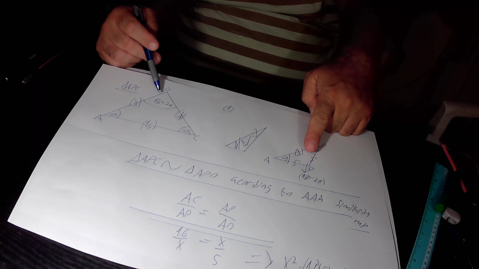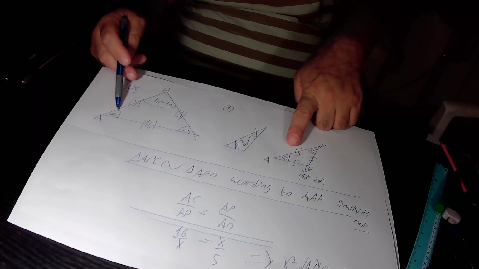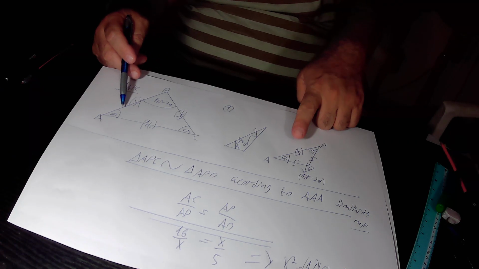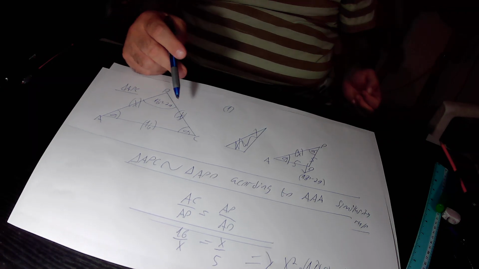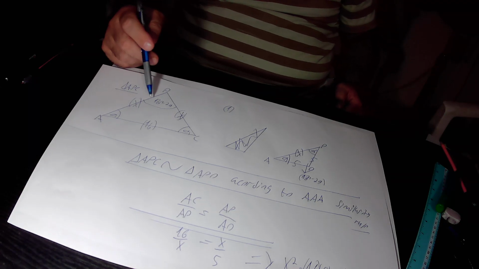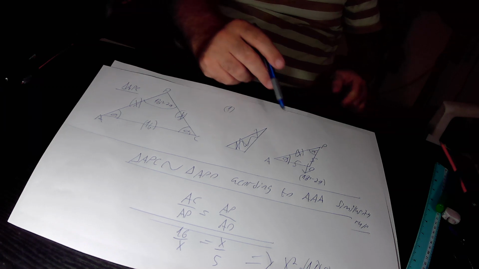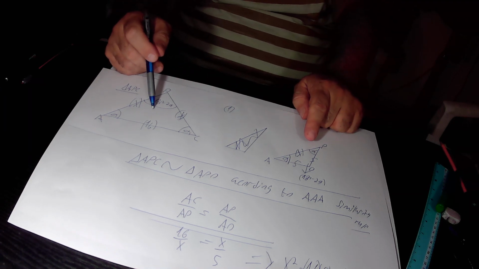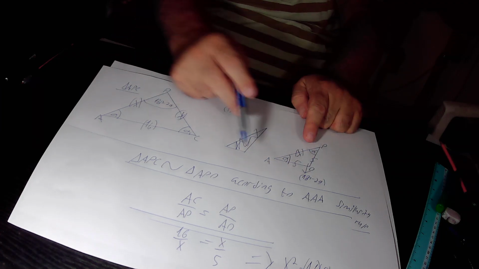First of all, those two angles are both equal to 180 degrees minus 2 alpha, therefore they are equal to each other. In addition, those two angles are both equal to alpha, therefore they are equal to each other. And finally, those two angles are both equal to alpha, therefore they are equal to each other. So all the angles of the big triangle APC are correspondingly equal to all the angles of the small triangle APO, and therefore those two triangles are similar according to the angle similarity rule.